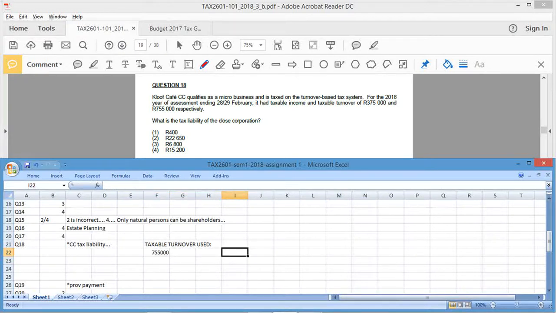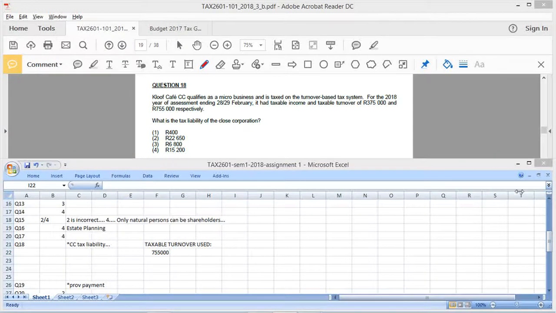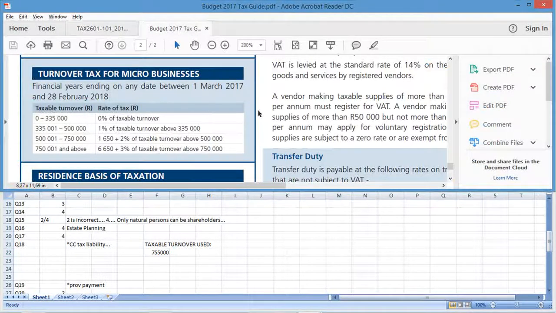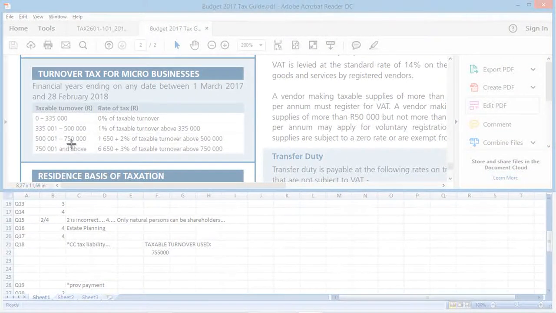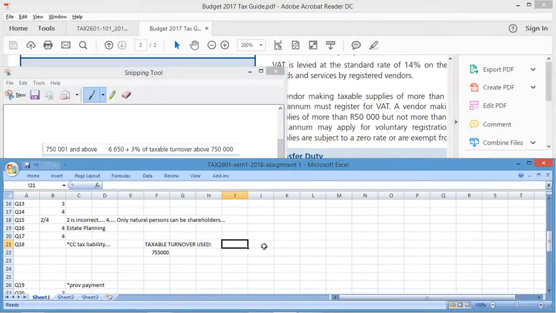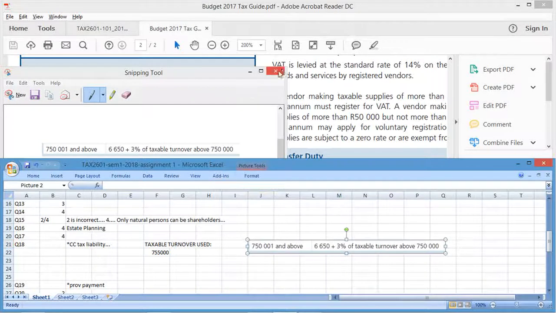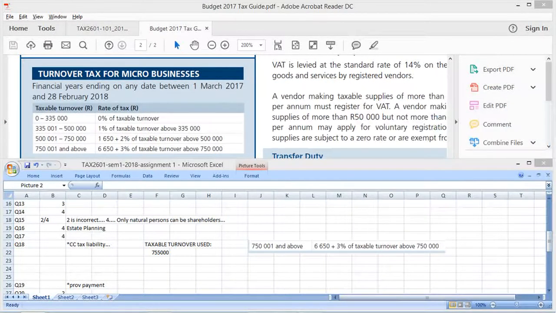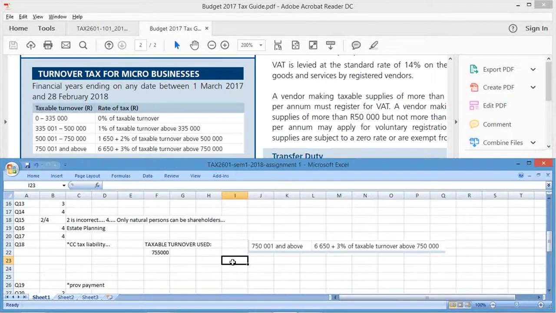All I'm then going to do is literally take the information from the budgeted tax guide, and I'm going to be looking at the taxable turnover, which is 755, which is in the last line. That one there. And I'm going to do the calculation.